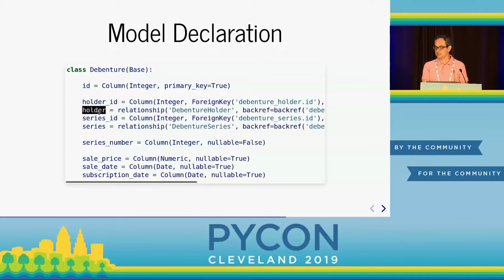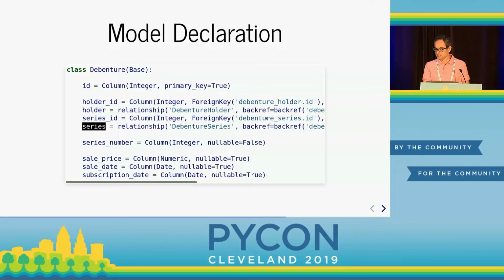When I access this attribute, what SQLAlchemy does is it goes into the database, does a query, and pulls a record for the debenture holder, and wraps it up in an instance of the debenture holder class. And I then get access to that instance through the holder attribute in the debenture instance. Same thing for series ID and the series relationship.